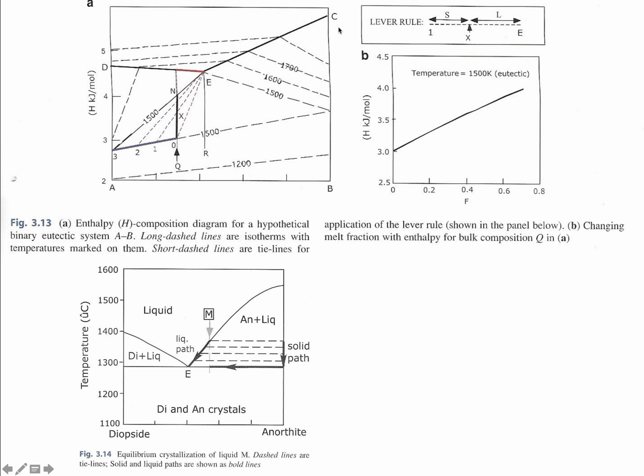And here we have again the lever rule. So we have solid here and liquid here, and we are going along these curves from solid into liquid. Then we have again our lever rule between 1 and E. If we are moving more and more to that side, then we are forming more and more solid out of our liquid.